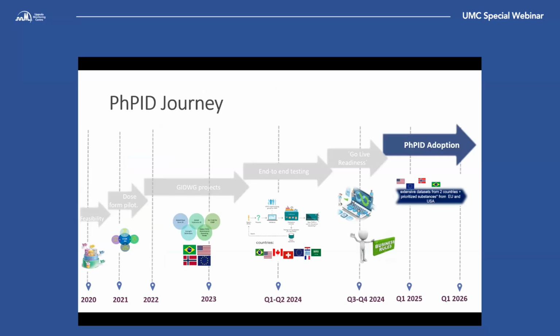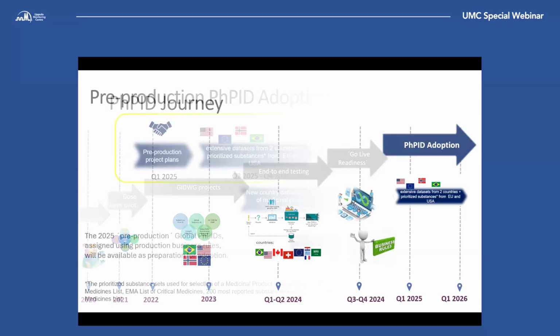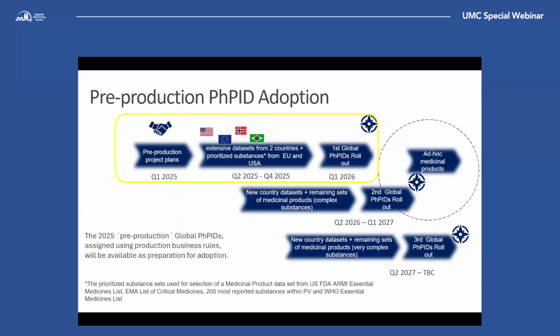Yes, and finally moving to our current project called pre-production PhPID adoption. And looking ahead, 2025 marks the start of so-called pre-production PhPID adoption, a very essential milestone for us, of course.